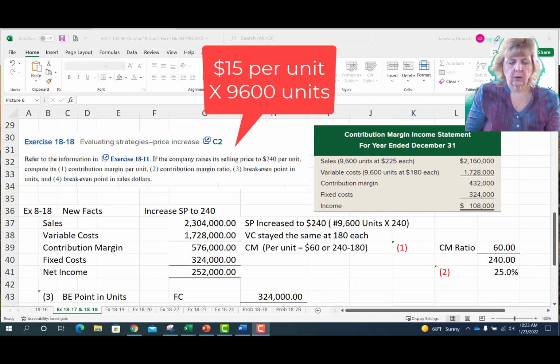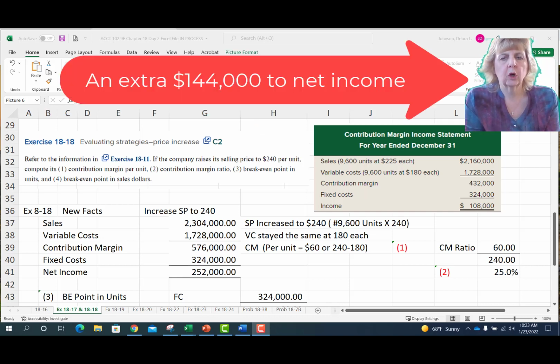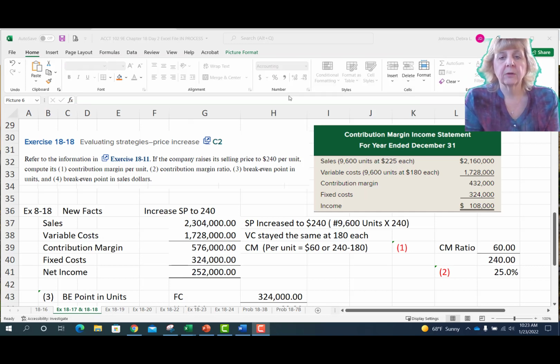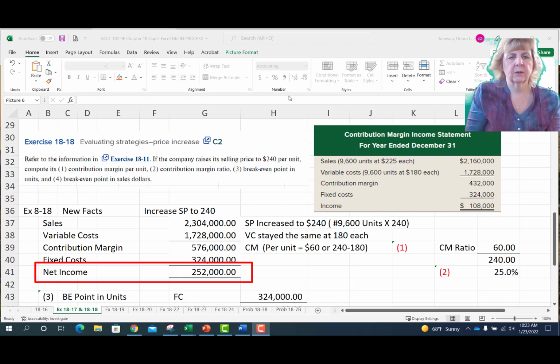So $15 a unit times 9,600 units would be an additional $144,000 to the current bottom line. So I would have taken the $108,000 in the current income statement, added the $144,000 in contribution margin that we just verbally calculated, and I would know that my new net income is $252,000.